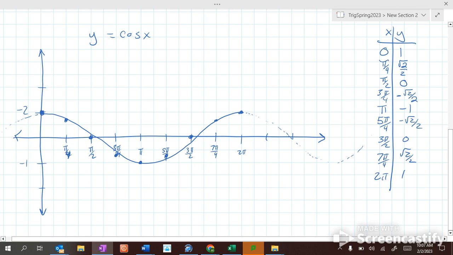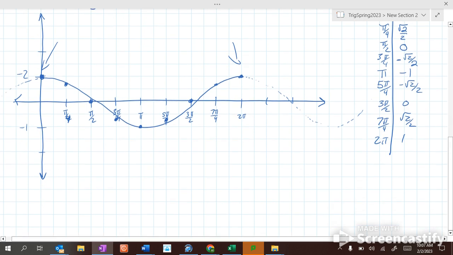So it is also a sinusoidal curve. The period goes from there to there, because it goes from there to there and it starts repeating again. So that's 1 period long.